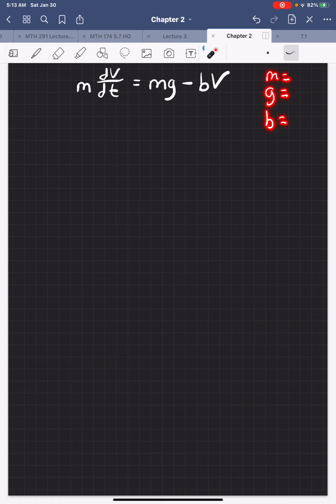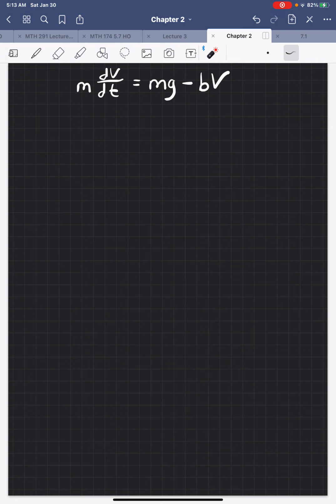The mass of the object, the acceleration due to gravity, and whatever the object is made of are all just going to be constants. The only things that are variable in this scenario are v and t.